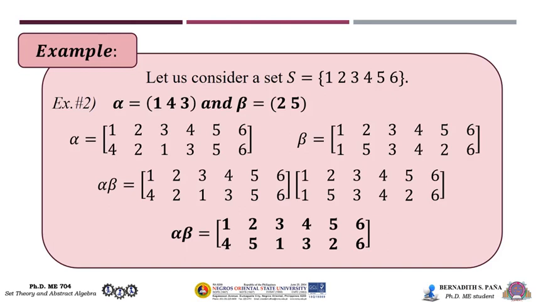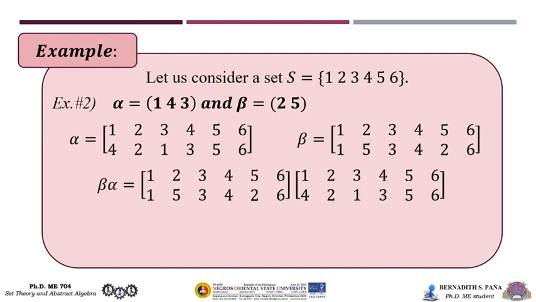The same procedure with beta alpha, we can have our beta alpha equals the arrays 1, 2, 3, 4, 5, 6, 1, 5, 3, 4, 2, and 6 multiplied to the cycle 1, 2, 3, 4, 5, 6, 4, 2, 1, 3, 5, and 6. Starting from right to left, we can have 1 maps to 4, then 4 maps to 4 here, so we have here 4. 2 maps itself, then 2 here maps to 5, we have 5. 3 maps to 1, then 1 maps to itself, so we have here 1. 4 maps to 3, and then 3 here maps itself, so we have 3.